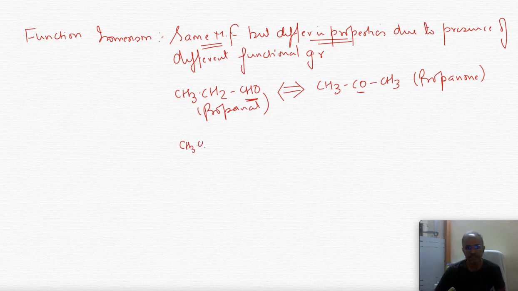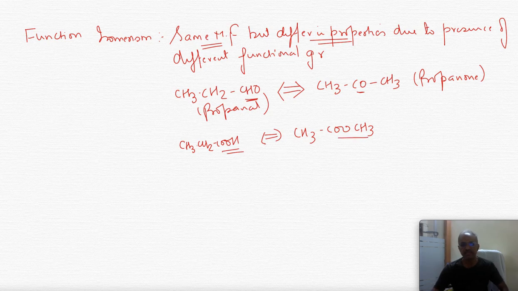Now similarly we will see another example. CH3CH2COOH and CH3COOCH3. Here there is the acid and here there is an ester. This is known as methyl because O is directly bonded to methyl, CH3, so methyl has to be written first, then ethanoate.